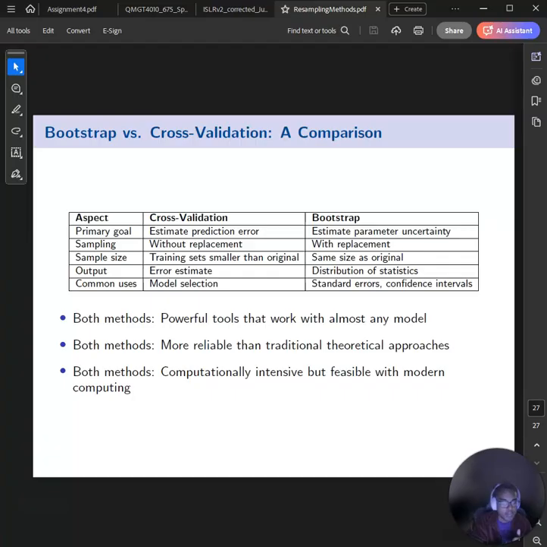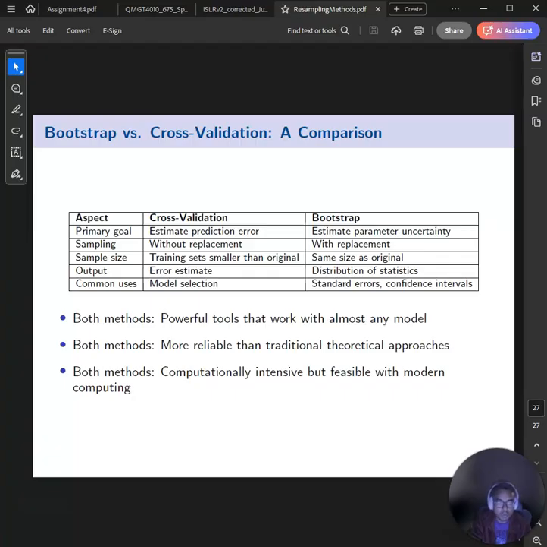We choose bootstrap for statistical inference, quantifying uncertainty in our parameter estimates. Both methods share some important qualities. They are powerful tools that work with almost any model. They are more reliable than traditional theoretical approaches that rely on strong assumptions. And while they're computationally intensive, they are entirely feasible. They are a lot more feasible now with modern computing power.